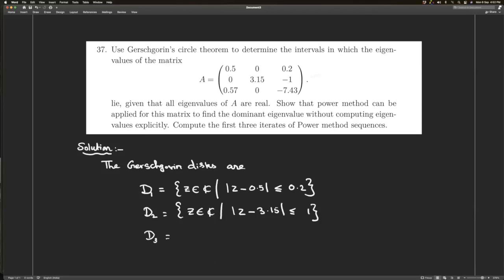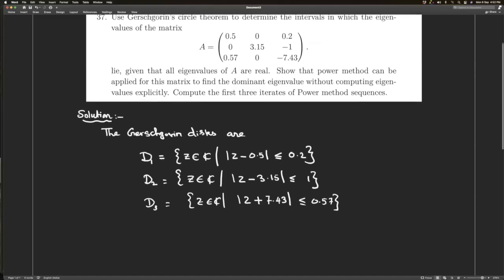D3 is equal to the set of all z in C such that |z plus 7.43| is less than or equal to 0.57. Don't put minus 7.43; for the center, we should not take the modulus. Only for the radius do we have to take the modulus. And these are the Gerschgorin disks.